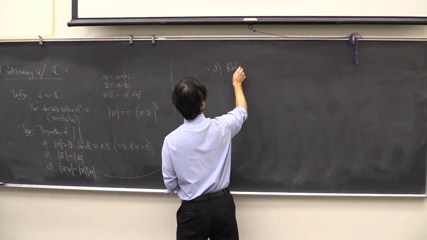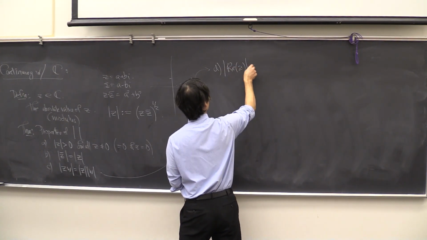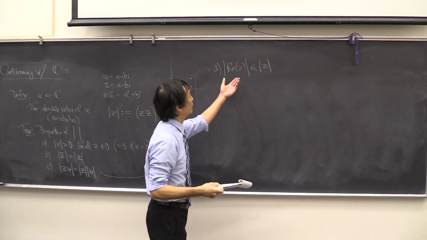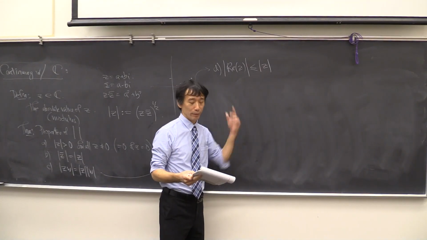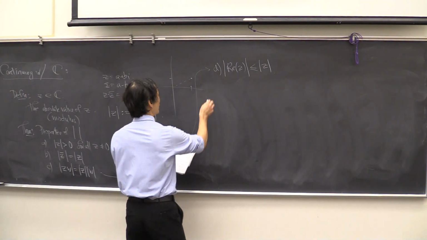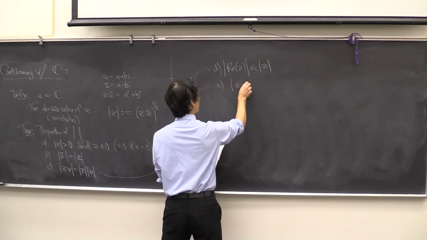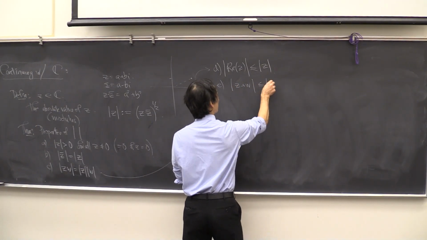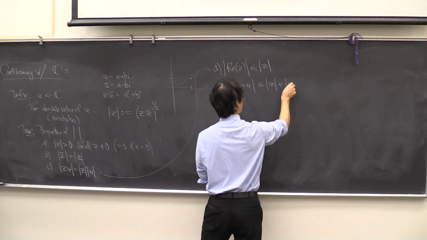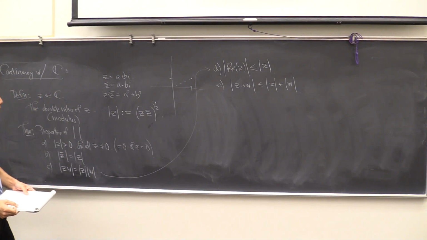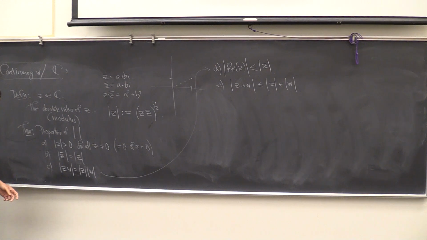The absolute value of the real part is less than or equal to the absolute value of the point. And last, the complex absolute value also satisfies a triangle inequality.